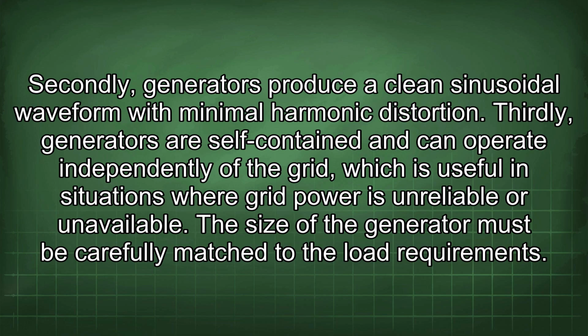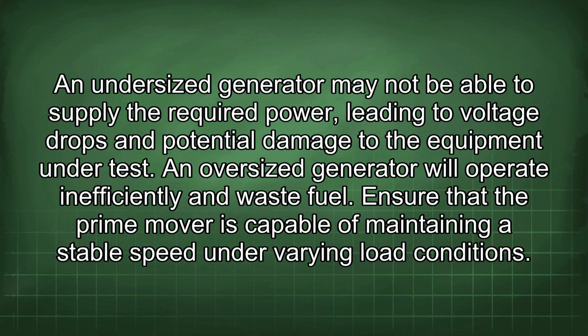unreliable or unavailable. The size of the generator must be carefully matched to the load requirements. An undersized generator may not be able to supply the required power, leading to voltage drops and potential damage to the equipment under test. An oversized generator will operate inefficiently and waste fuel.